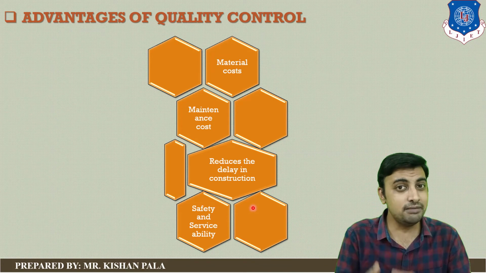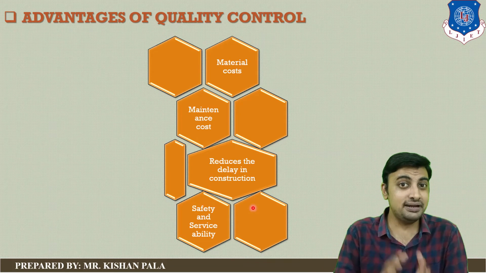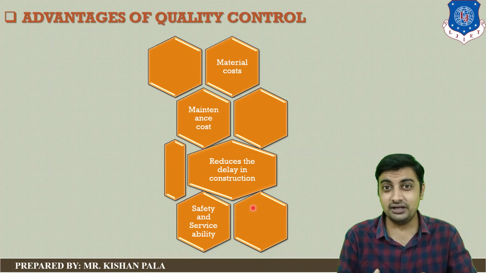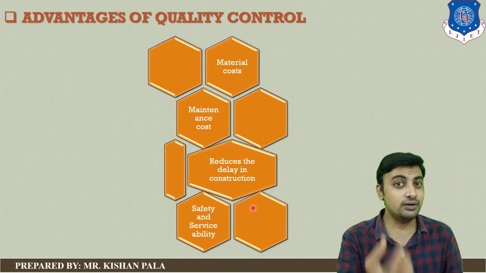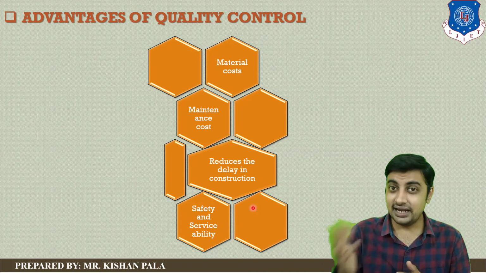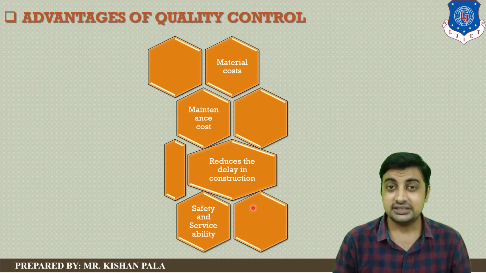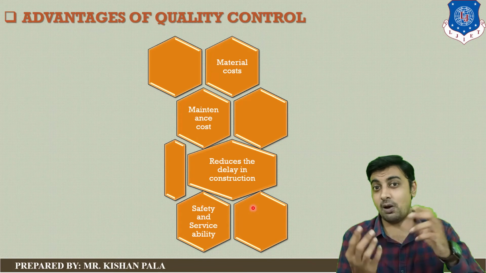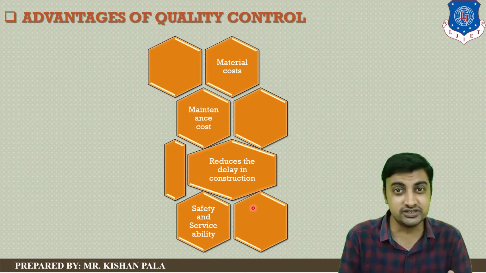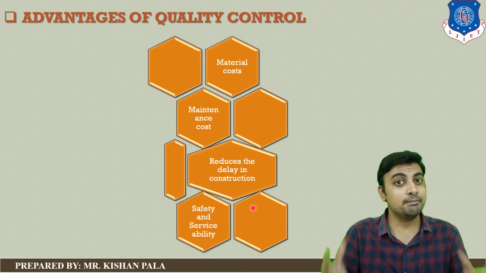So with locally available material, using a higher quantity with the proper mix design, the cost of the concrete mass will decrease. After designing the concrete mass, you are using the certain quantity which is required for the particular strength of the concrete mass. In that case, the wastage of the concrete ingredients will decrease, and you are utilizing all the ingredients efficiently. So the material cost will be decreased with the proper mix design.